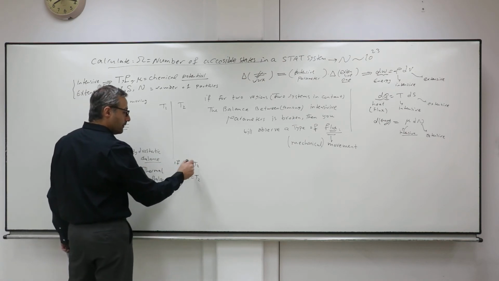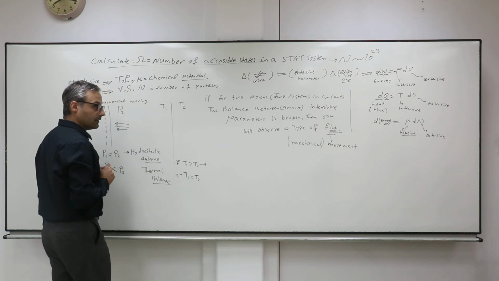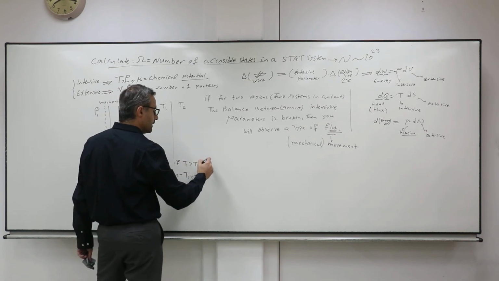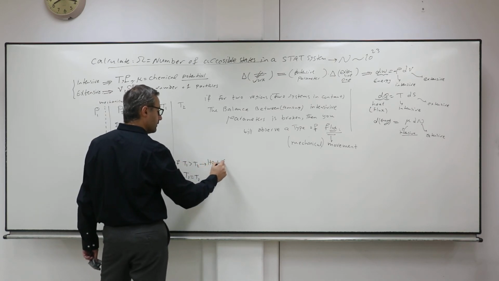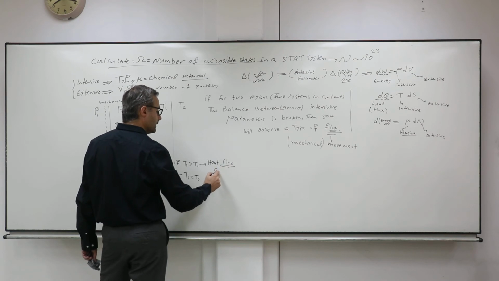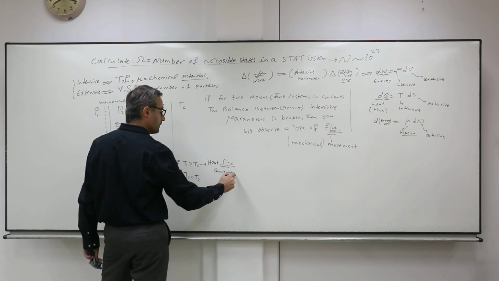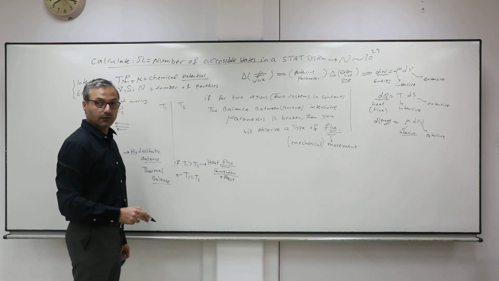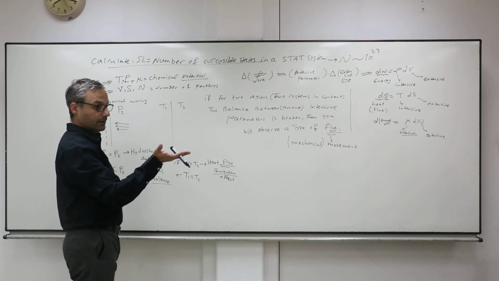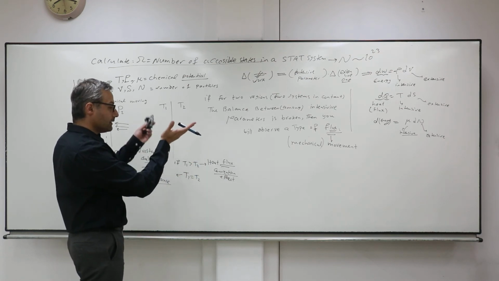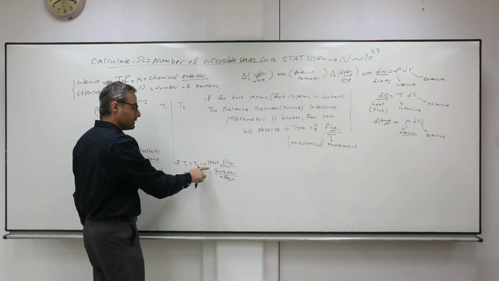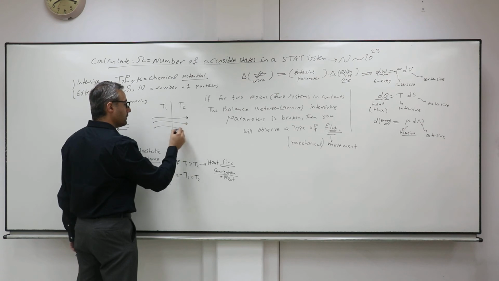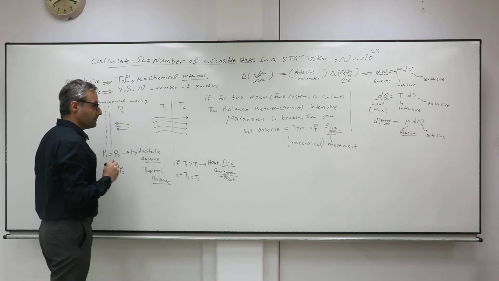But if T1 is greater than T2, according to thermodynamics, there will be some kind of heat flux. This is exactly what is happening in the convection effect in the atmosphere, or even in a room. When the air is hotter, it goes to the top, so there is a heat flux from the left to the right side.